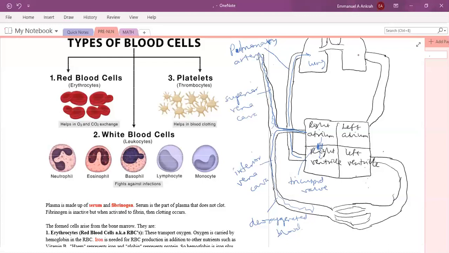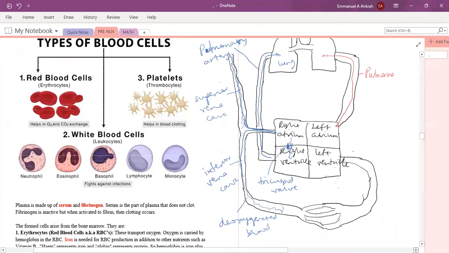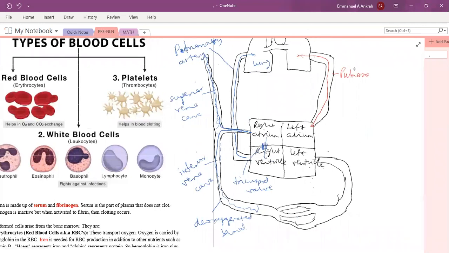and the oxygenated blood passes through the vessel. This will be the pulmonary vein.